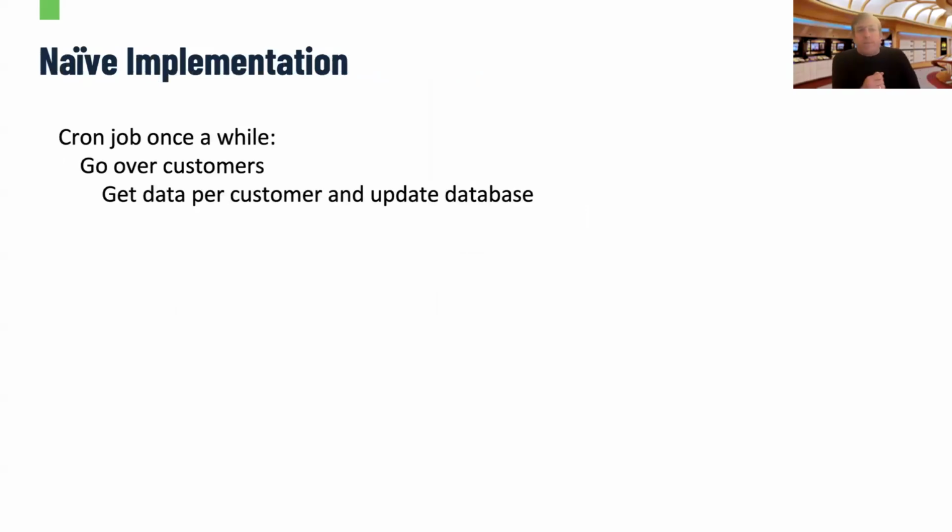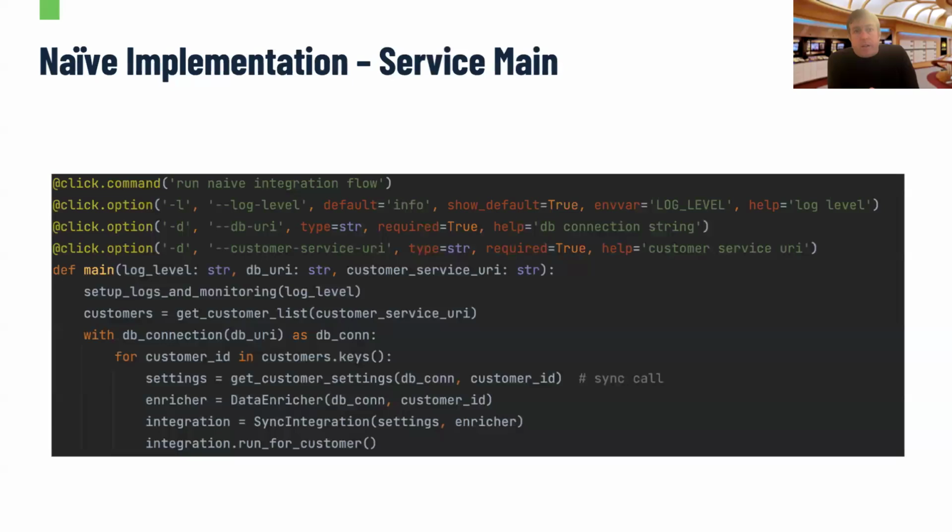So what do we want to do? We want to call something once in a while and go over each of the customers, get the information, and then update with the enriched information into our database. Okay, so a naive implementation would be something like this.